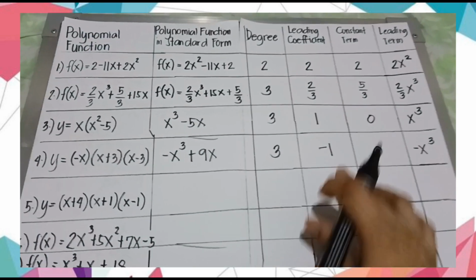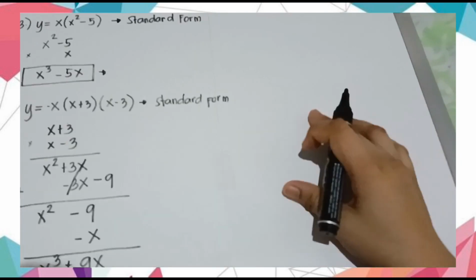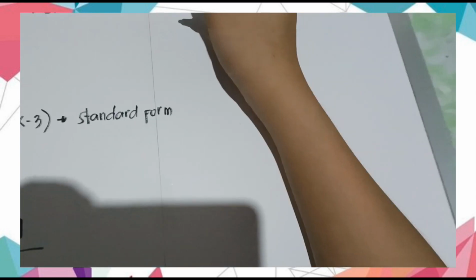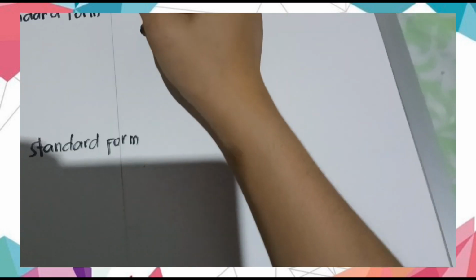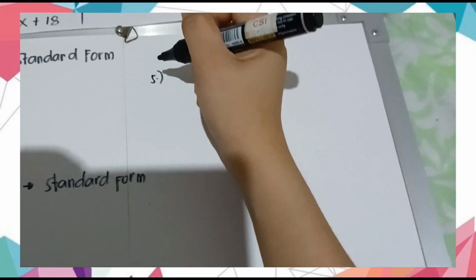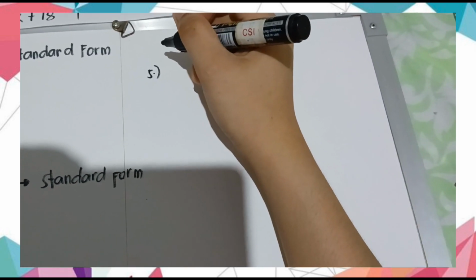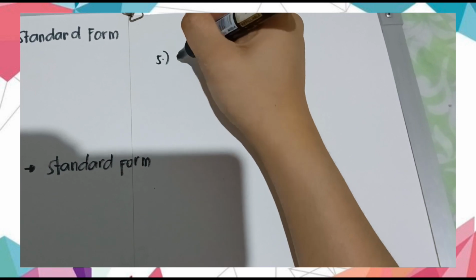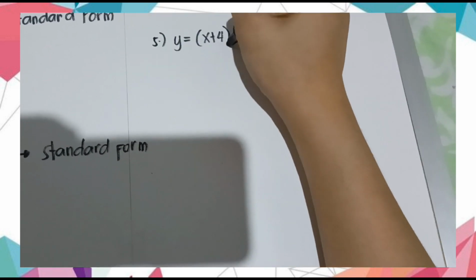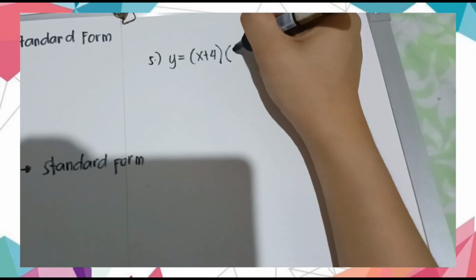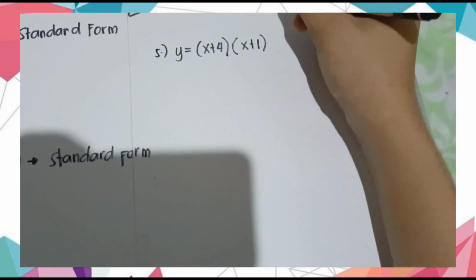So let's have example number 5. y equals the quantity x plus 4 times the quantity x plus 1 times the quantity x minus 1. So we solve for the standard form of this polynomial function. First, we write y equals the quantity x plus 4 times the quantity x plus 1 times the quantity x minus 1.